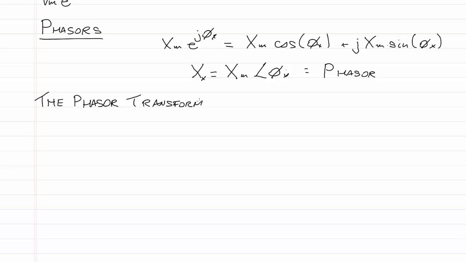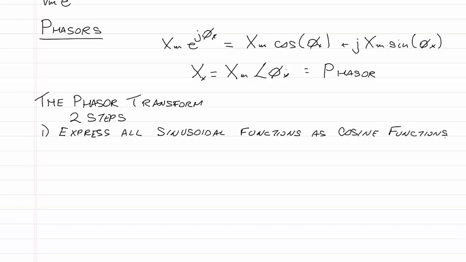While all this may sound complicated, the transform is simply a two-step process. The first step is to express any sinusoidal functions as cosine functions. Each function will have an amplitude and a phase, and all the functions should have the same frequency. The next step is that the amplitude becomes the magnitude and the phase becomes the angle.